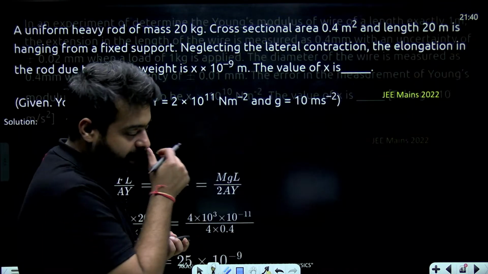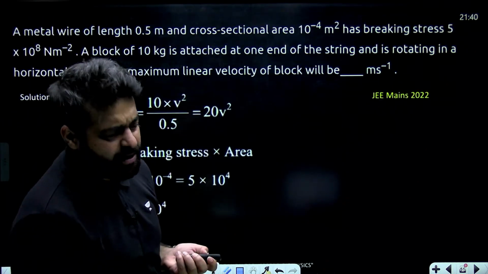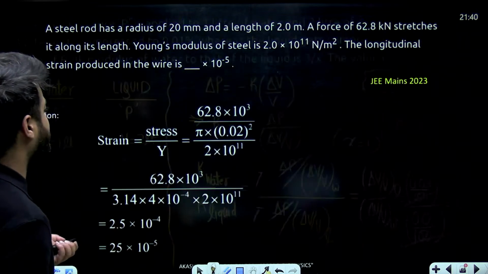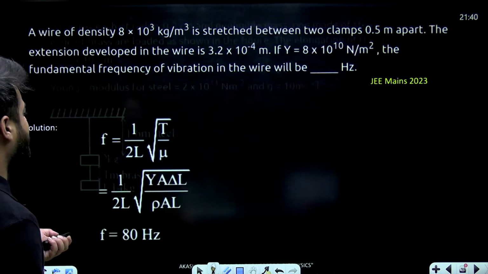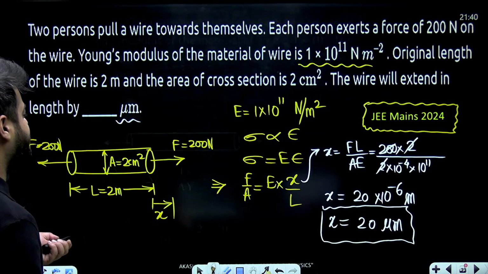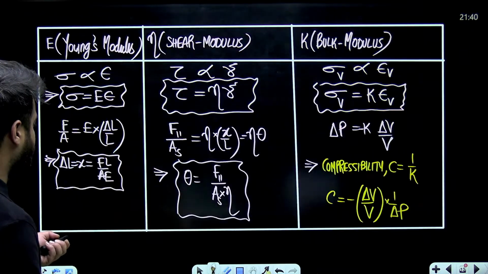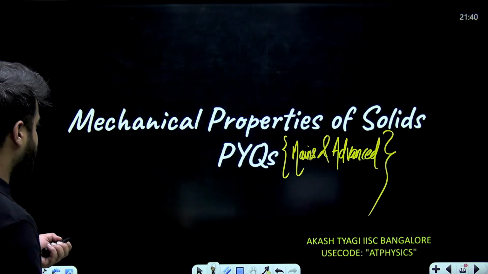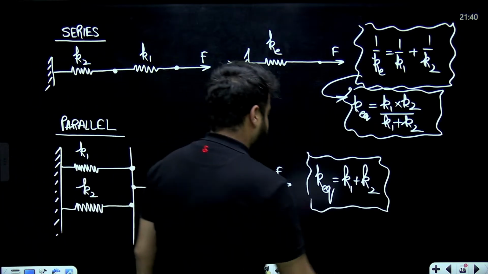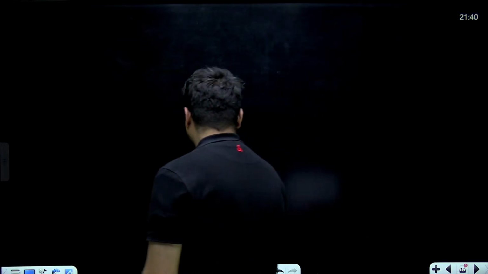Then you will be able to solve any problem. Energy stored is a very simple concept that you need to understand, and it is again coming from your basic fundamentals. But as you convert the rod into a spring, you can determine everything now.